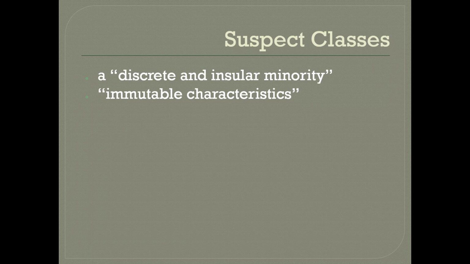So, for example, many of us have immutable characteristics. Race is an immutable characteristic because it can't be changed. Until the last few decades, of course, gender was immutable and under the law still considered immutable, even though obviously a few people do change their gender, but it's considered an immutable characteristic.